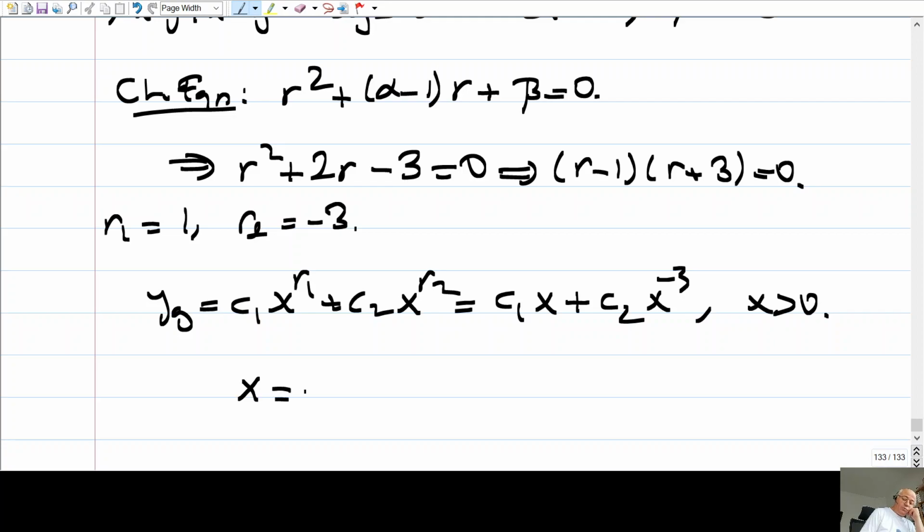Well, if you choose e to the power minus t, you mean this. Okay. Well, actually, we will come back to this again when we consider regular singular points.